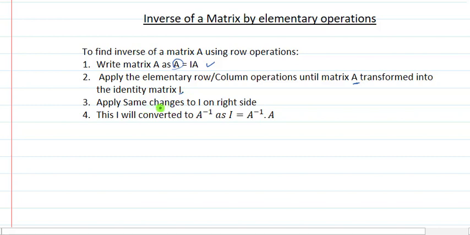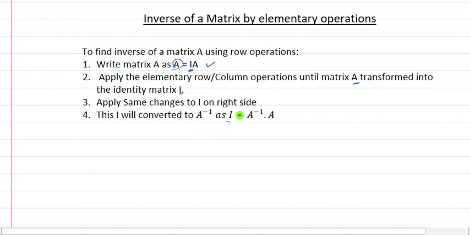Third step is, apply the same changes to I, this I which is on the right hand side. The changes that we are applying on this A, side by side the same changes are to be applied on this I matrix. And fourth step is, after the step where A is converted into I, at the same step this I will be converted into A inverse.